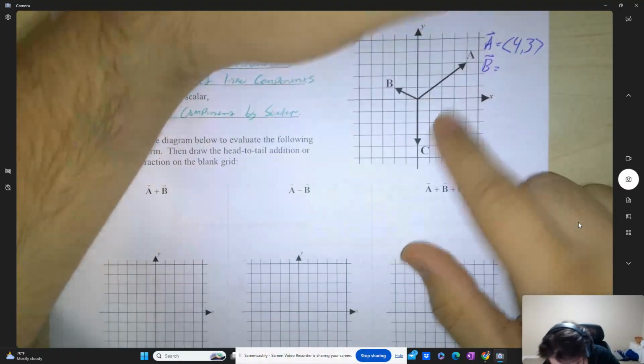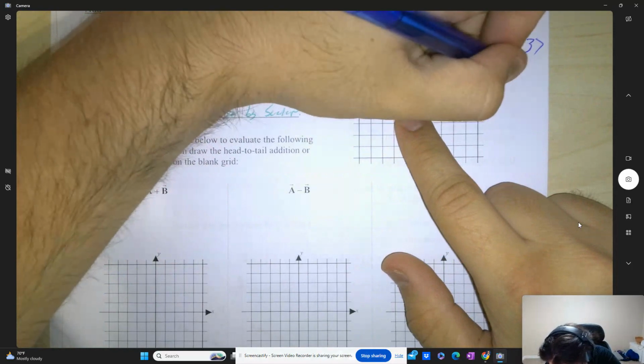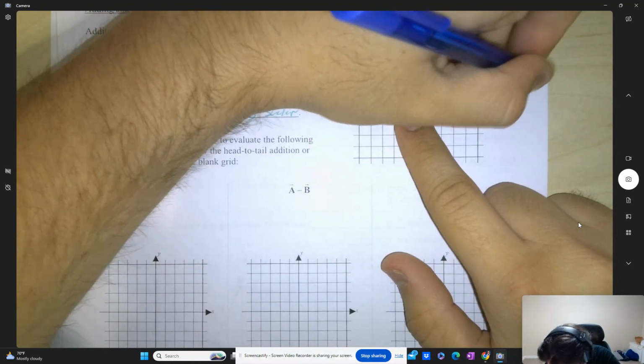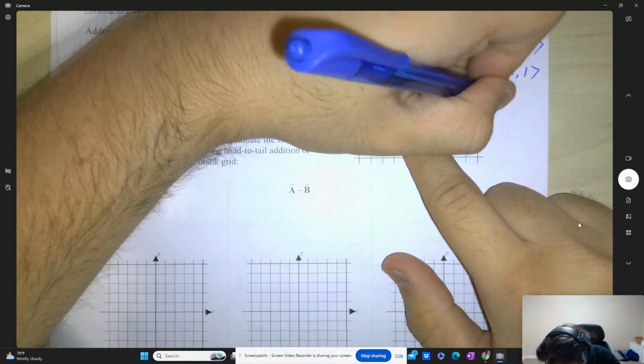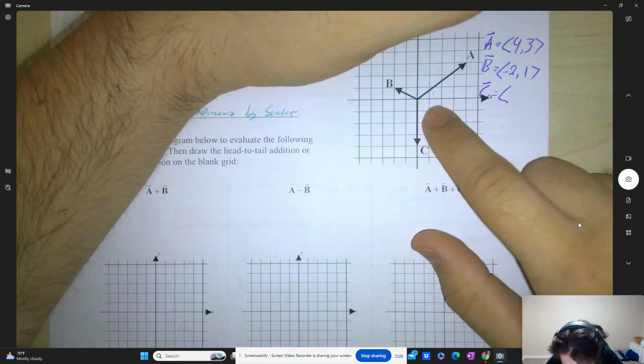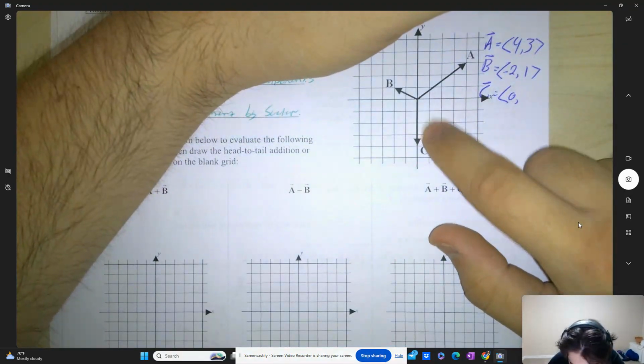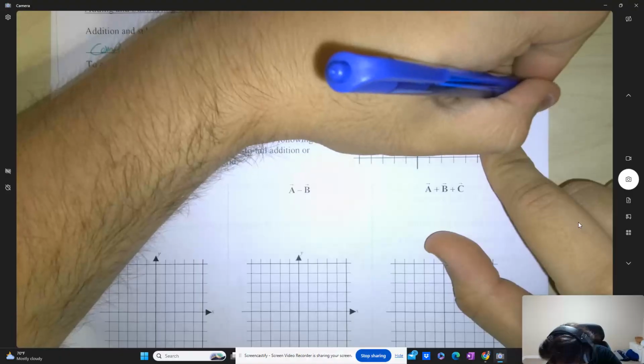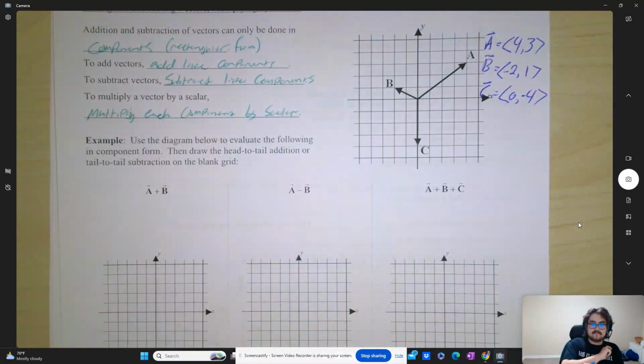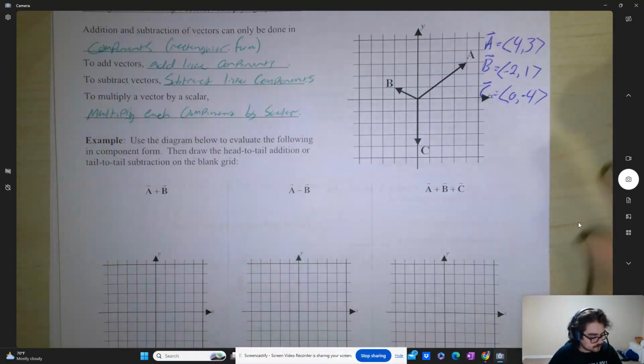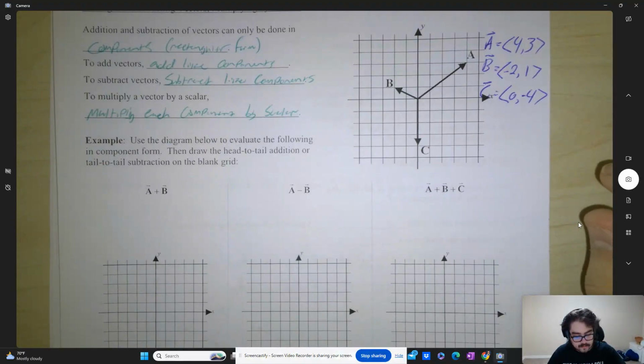B is negative 2 comma 1, and then C is 0 comma 1, 2, 3, 4, negative 4. So, those are the components.